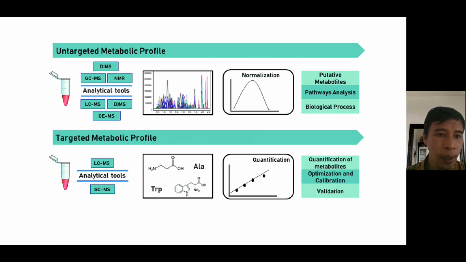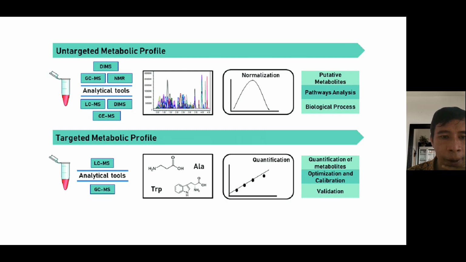So this is the illustration showing the difference between untargeted metabolic profiles and targeted metabolic profiles. These are the similar samples that you will analyze using two different approaches. When you analyze your sample for untargeted metabolic profiles, you may deploy several approaches, including gas chromatography, liquid chromatography, or nuclear magnetic resonance.